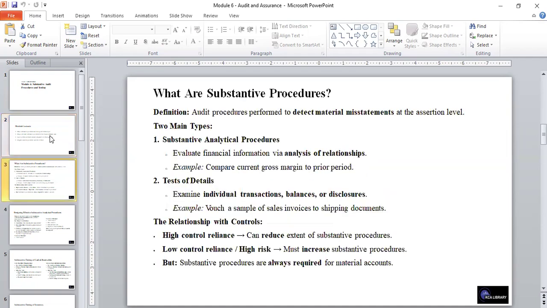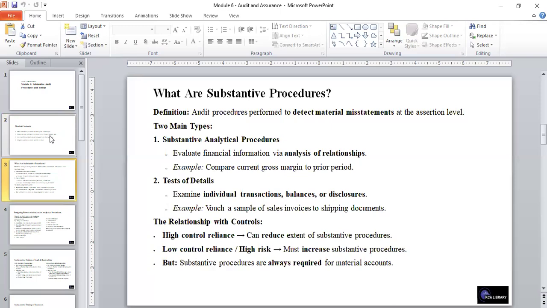What are substantive procedures? These are audit procedures performed to detect material misstatements at the assertion level. They are procedures carried out to detect any form of material misstatement, that is, those mistakes that can affect the decision making of management at the assertion level.